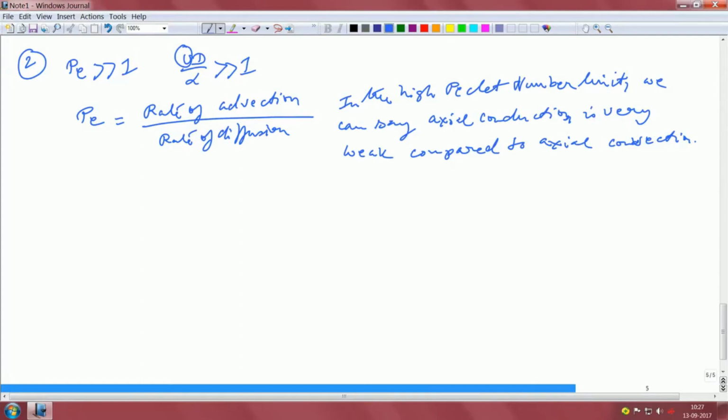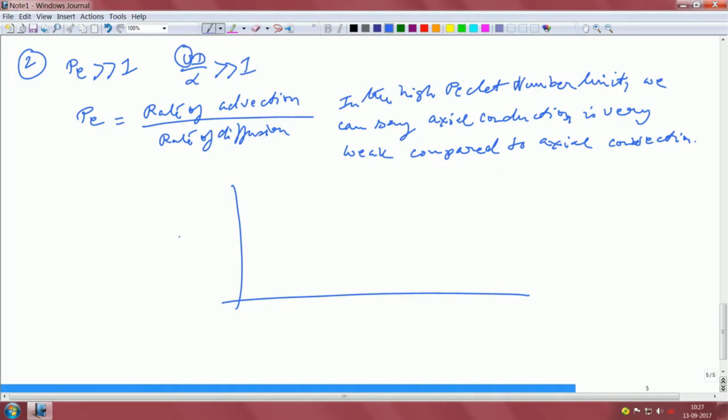But the most important finding was that based on these two limits, your Nusselt number becomes a constant. So, if you have to draw this heuristically, look at this plot: this is Nusselt number, and this is x, the distance from the inlet of the pipe.